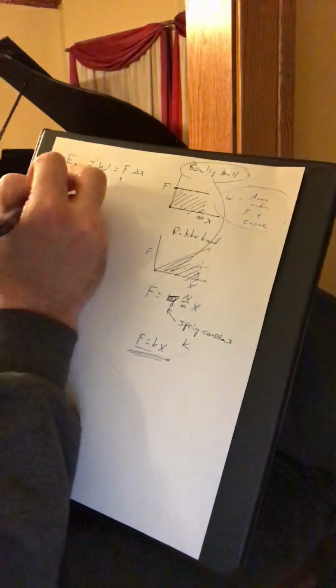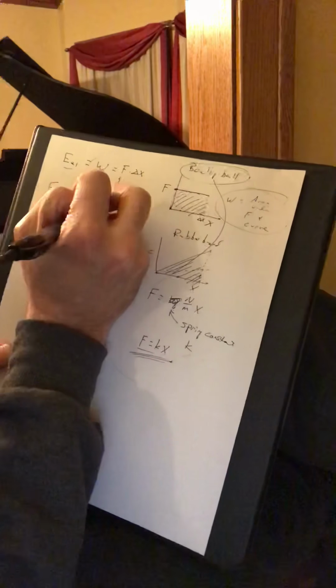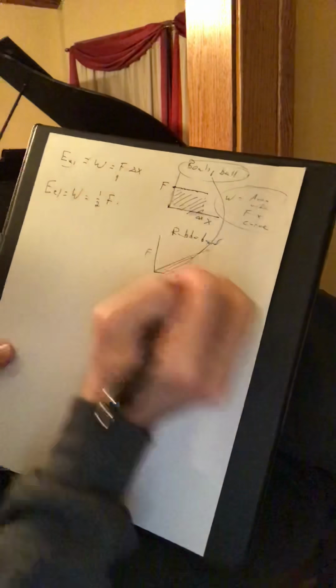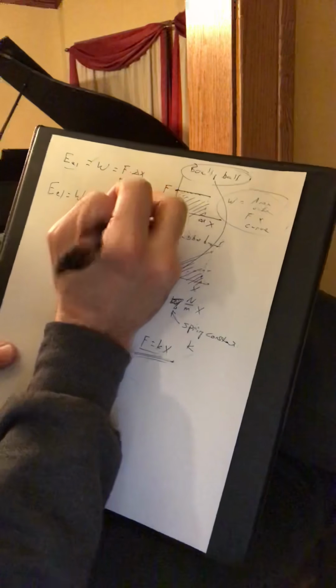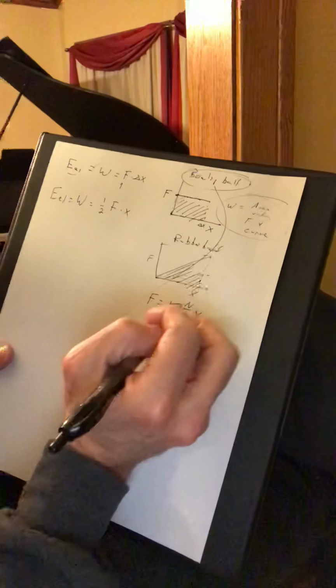So what is that? The EEL that the spring gets is equal to the work done, which is equal to the area under this curve, which is 1/2 the force applied times the displacement, or x, how far you pull the spring back. But what is this force? What is the maximum force that I've applied?